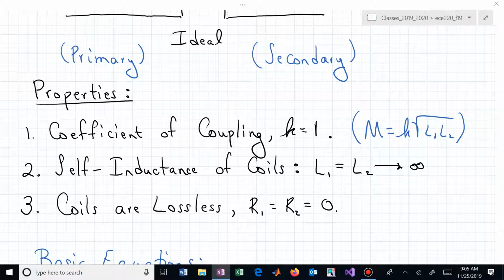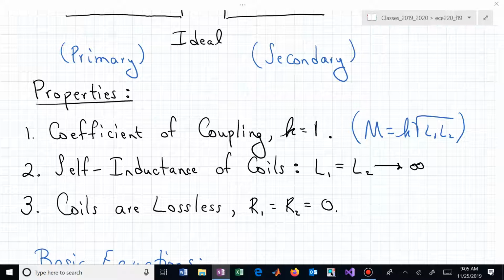One is the coefficient of coupling. When we have two coils that are connected magnetically, then they have this K. Well, in an ideal transformer, that K is 1. It's as strong as you can get, the coupling. And there I'm just indicating where K is coming from. That's associated with the mutual inductance. M is equal to K times the square root of L1 and L2.